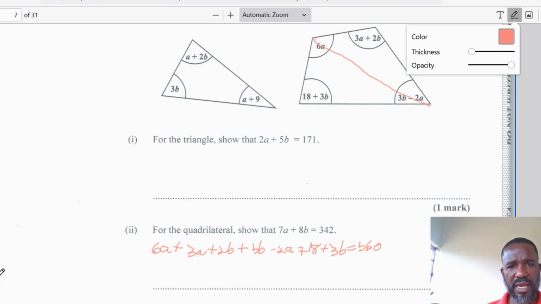So again, adding like terms. So we have 6A plus 3A, that will give us 9A minus 2A, that will give us 7A. So remember, whenever we're adding or subtracting algebraic terms, we can only add or subtract like terms. So we group the A's and then we subtract them. So I guess we have passed this stage now, so we can just readily recognize it.